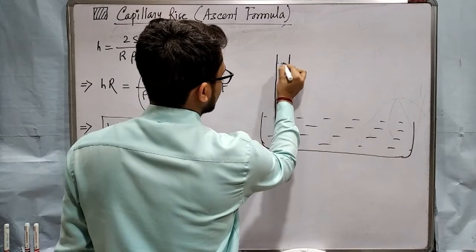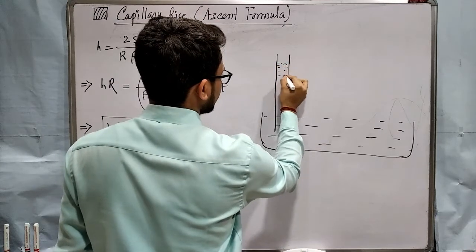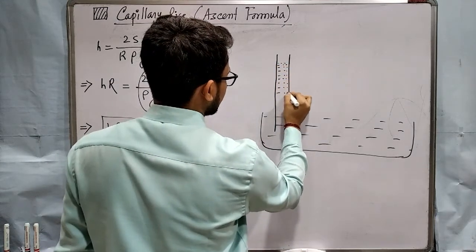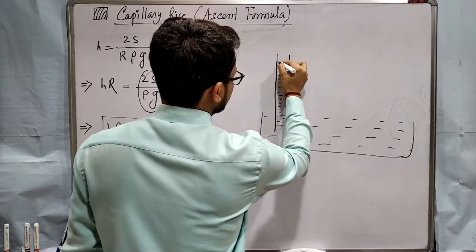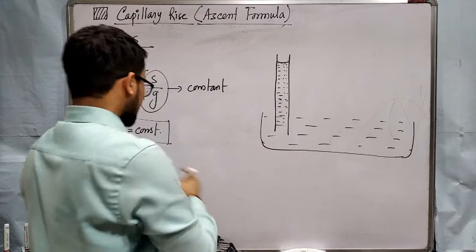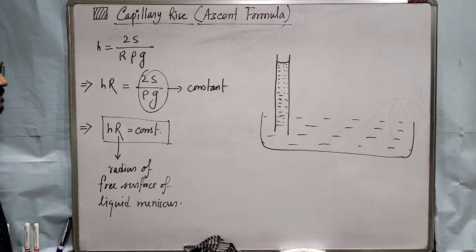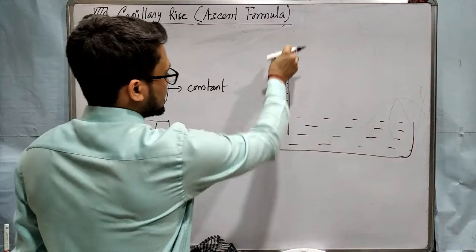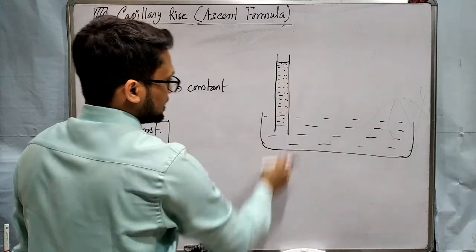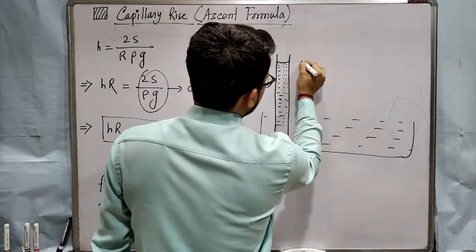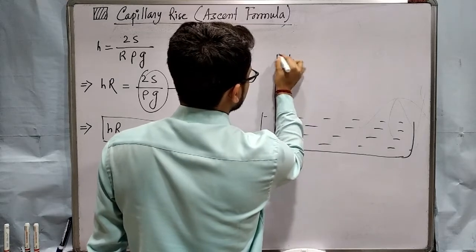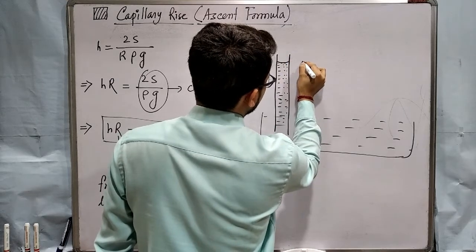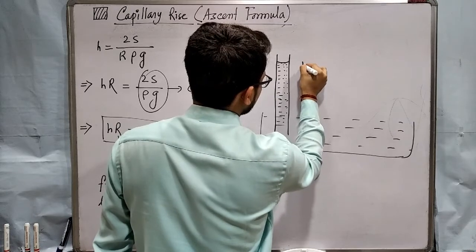Suppose up to this point liquid water is there, and it is making some angle at this free surface. Capital R is some value. Now I am dipping this capillary through the water, and in this case the free surface of the capillary is becoming at this height.